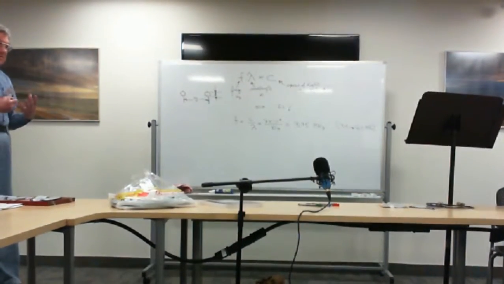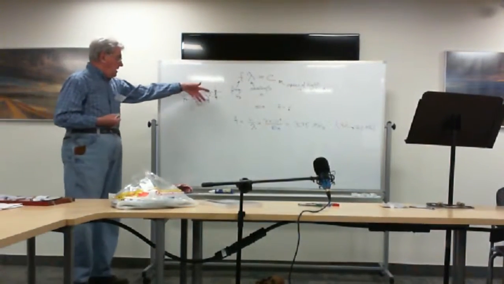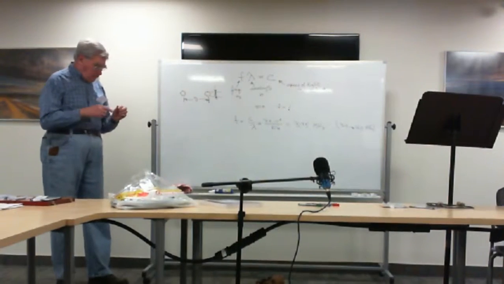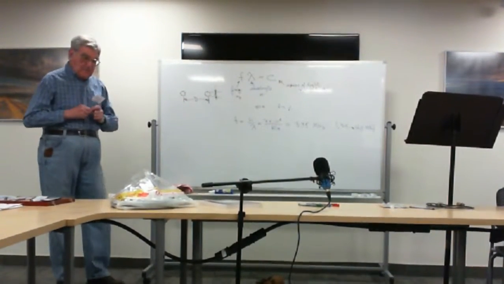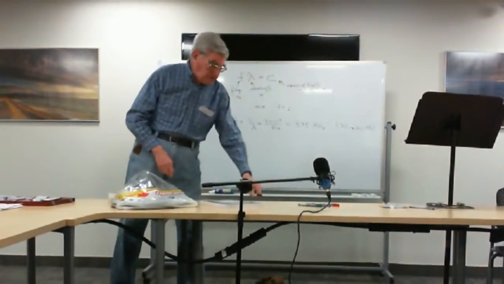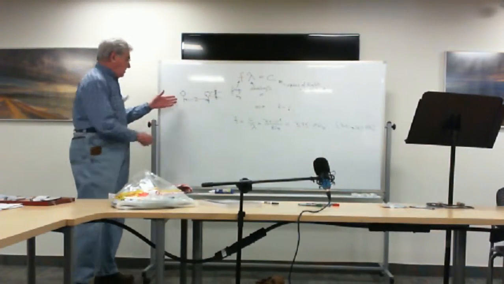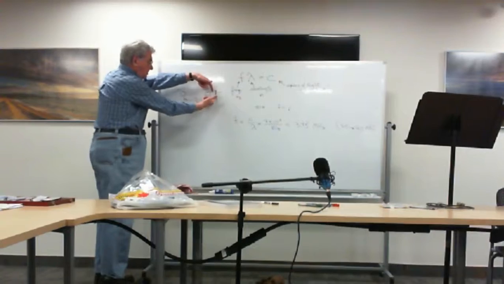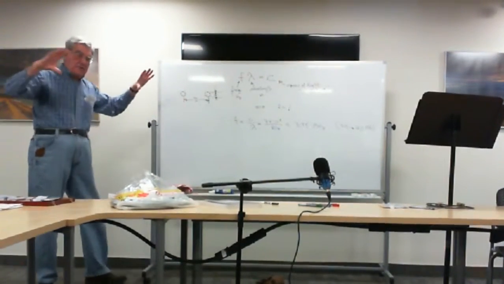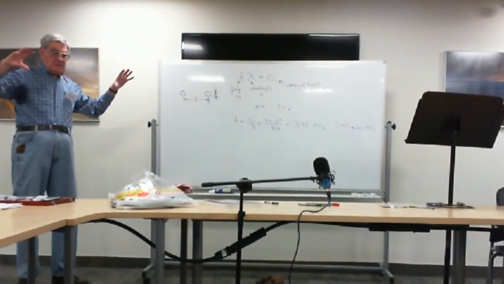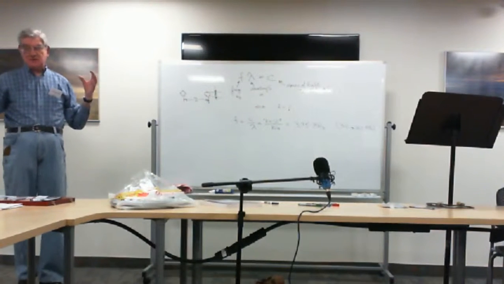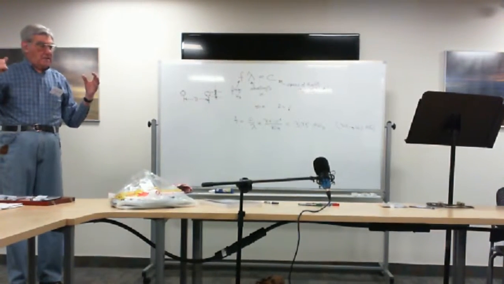Doesn't matter. It does depend upon those two quantities. And if those two quantities remain the same, that is, supposing you double this and you double this, in other words, increase them in proportion, the characteristic impedance stays the same.